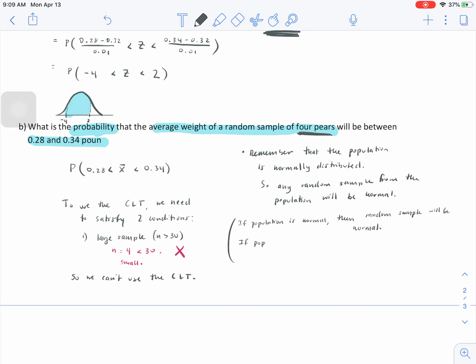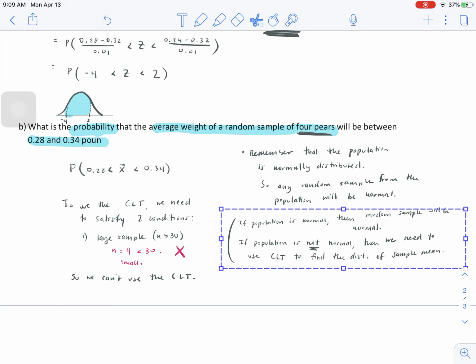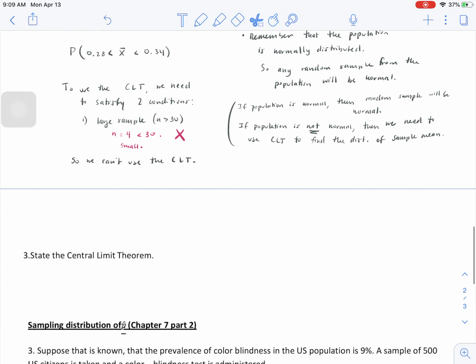If the population is not normal, then we need to use the central limit theorem to find the distribution of the sample mean. I'll leave that up there.